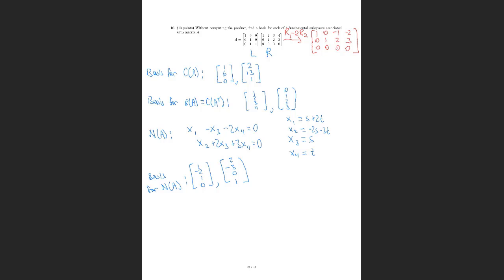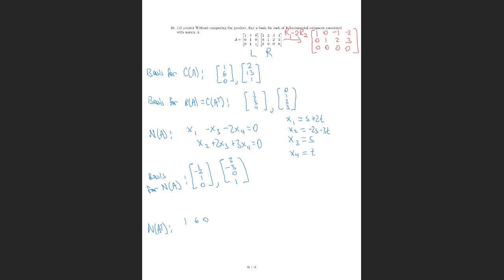And then finally, for the left null space, the null space of A transpose. So there's not really a particularly easy way of getting that from the row echelon form or anything like that. But what you can do to get the null space of A transpose is to take the basis that you found earlier for the column space of A. So earlier, for the basis for the column space of A, we had the vector 1, 6, 0.